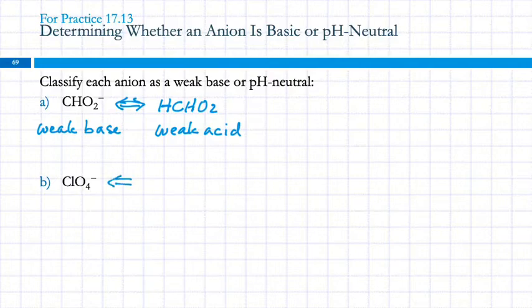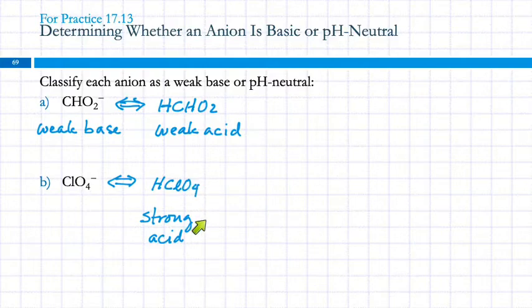So ClO4 minus is the conjugate base of what acid? Perchloric acid, HClO4. Conjugate acid-base pair. What kind of an acid is this? Weak or strong? It's a strong acid, because it's on the list, and I told you, remember those guys.